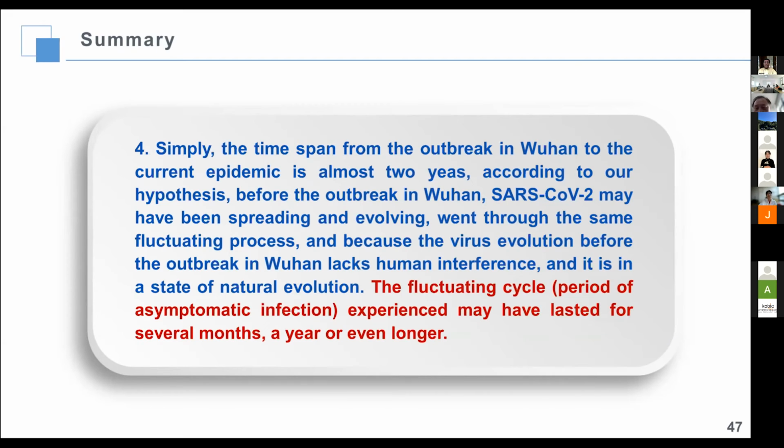Because the virus evolution before the outbreak in Wuhan had no human interference and was in a state of neutral evolution, the fluctuation cycle period of asymptomatic infection may have lasted for several months, a year, or even longer. This is our conclusion from the calculations based on our algorithms and the discovery.